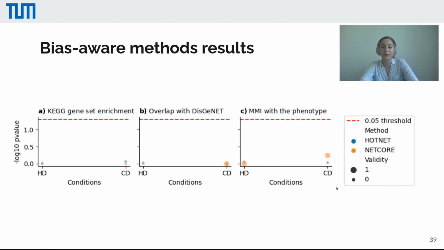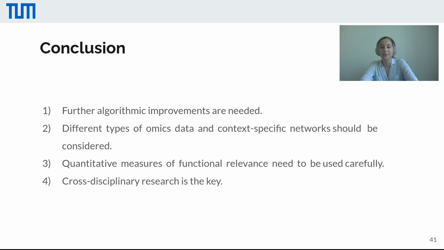Neither of them, unfortunately, produced significantly worse results on the randomized networks. So, in conclusion, it's important to say that further algorithmic development is necessary. The encouraging results of Domino indicate that algorithmic improvement can actually overcome the node degree bias of PPI networks.